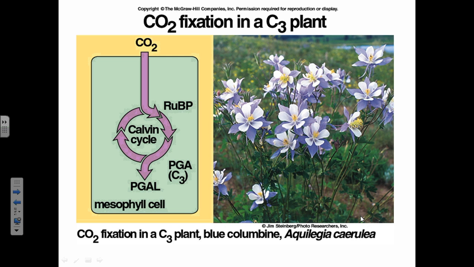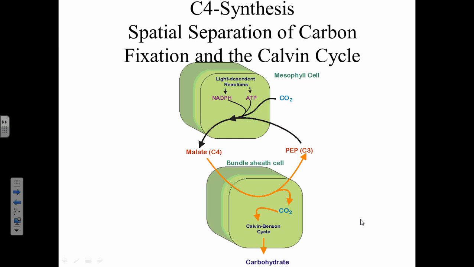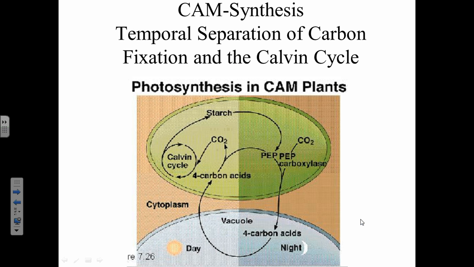The best version are CAM plants. CAM plants are mostly what kind of plants? Cactuses, also pineapples, desert plants in general. Now they have PEP carboxylase just like C4 plants, so that's one adaptation. But what do they do that most plants don't? Yeah.